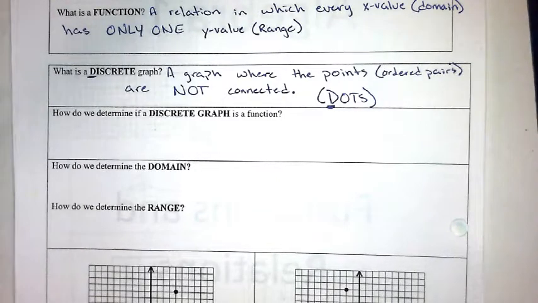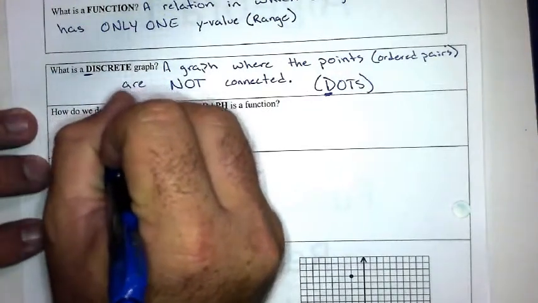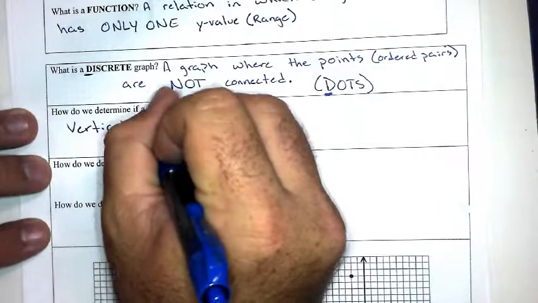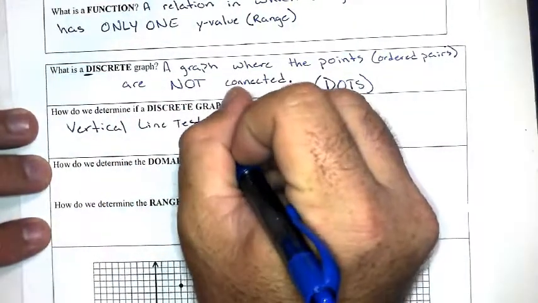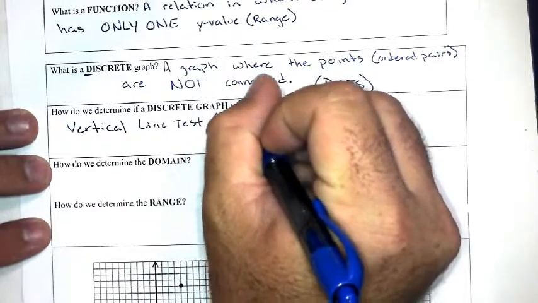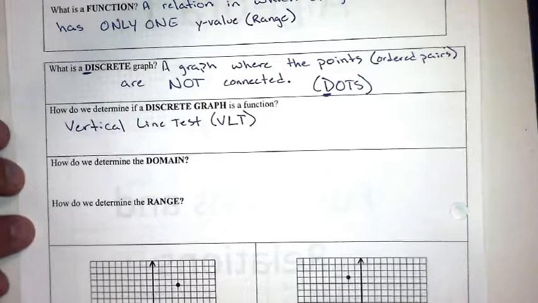Now, there are two ways that we can determine whether a discrete graph is a function. The first way is called the vertical line test, which you will hear me refer to as the VLT. It's not a sandwich. It means vertical line test.